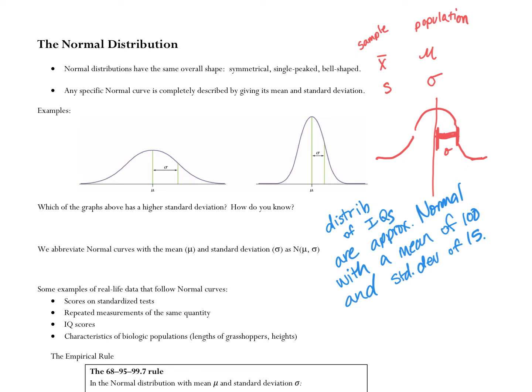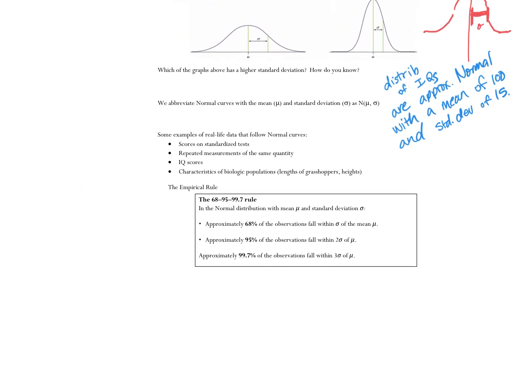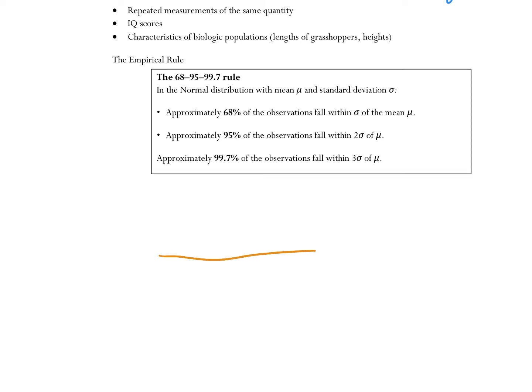All right, now, normal distributions tend to follow what we call the empirical rule, sometimes called the 68, 95, 99.7 rule. It really rolls off the tongue. Basic premise. In a normal distribution, I plot my mean, wherever that is, okay?